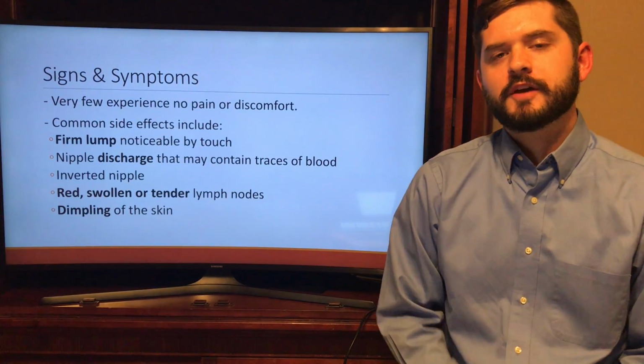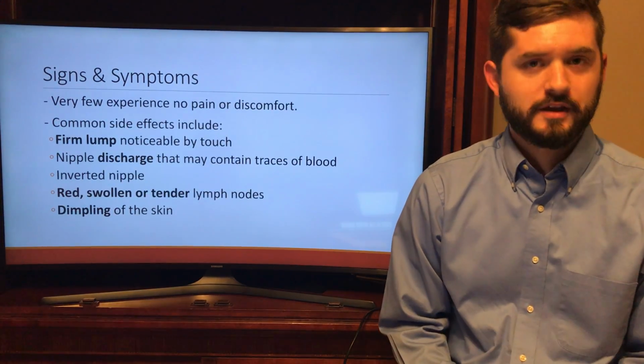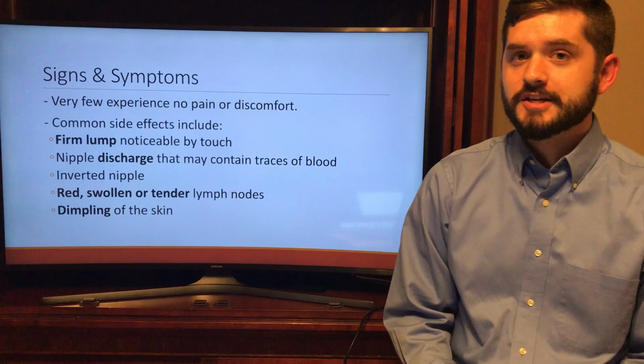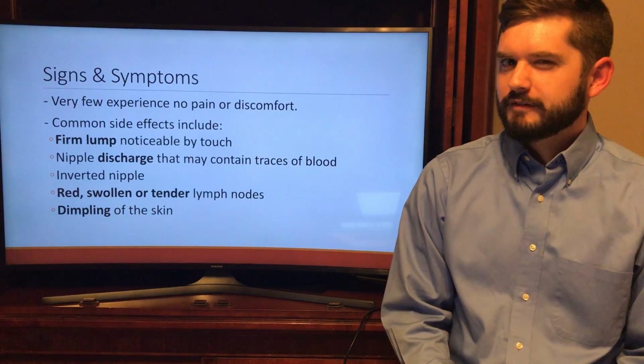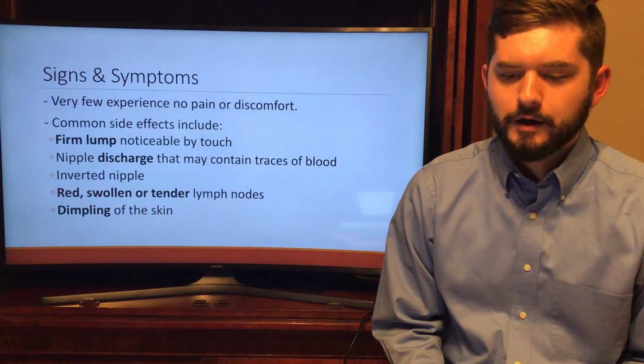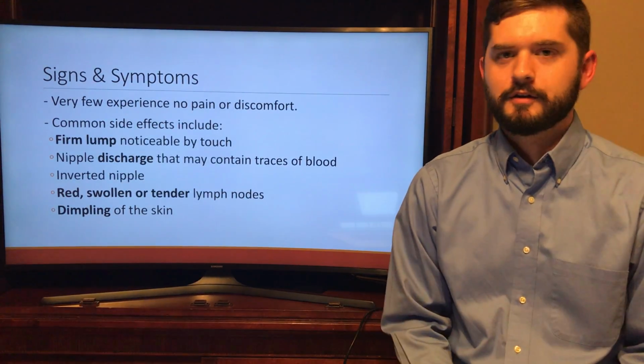Now, as far as signs and symptoms, it's very rare to experience no signs and symptoms of breast cancer. It does happen, but it's very, very atypical. Typical side effects would be the lump.